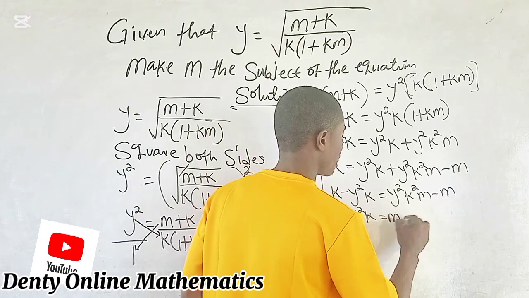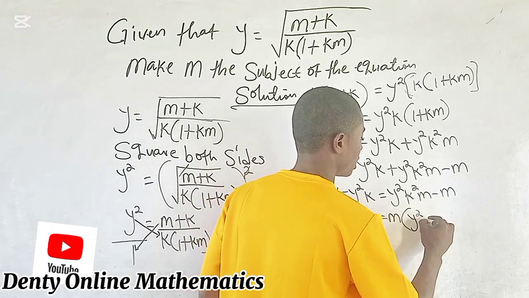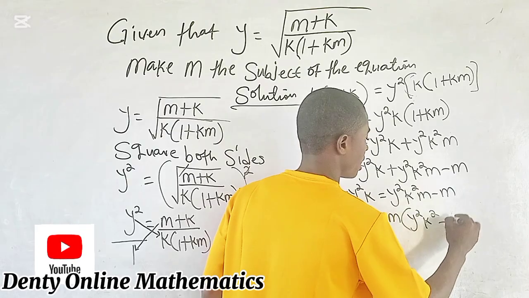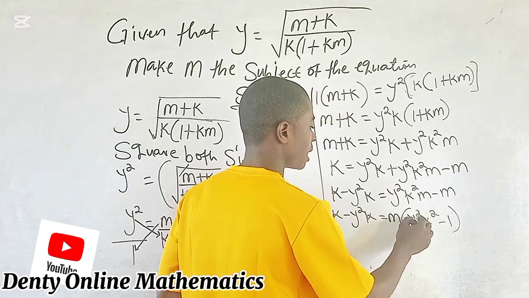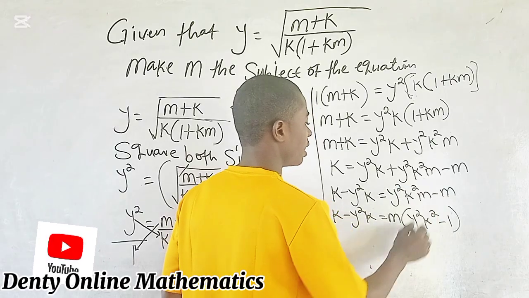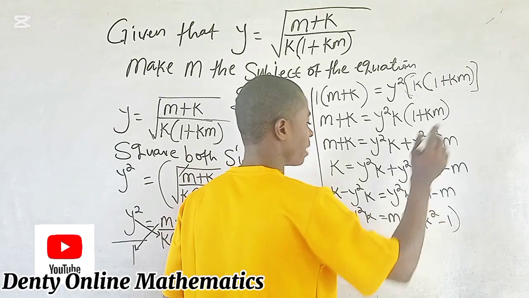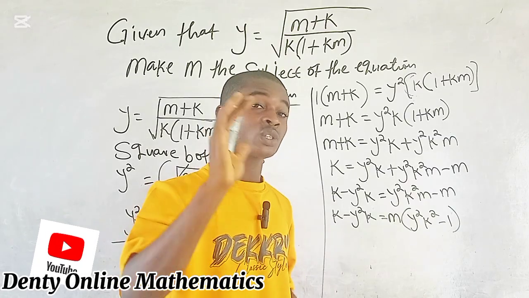So if I'm factoring out m, what will be left is y squared k squared minus 1, because m times y squared k squared will give me y squared k squared m, and then m times minus 1 will give me minus m. Remember, our target is to make m the subject.